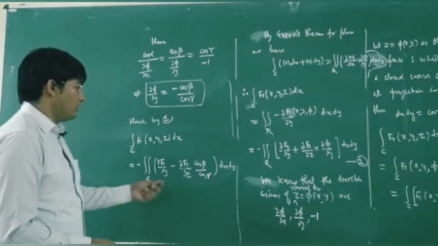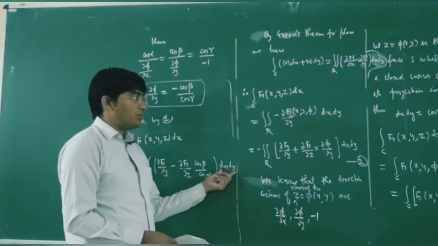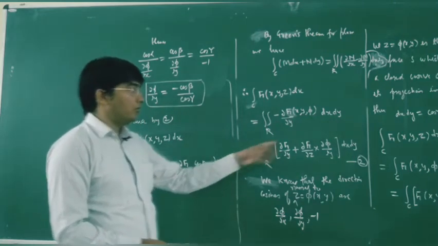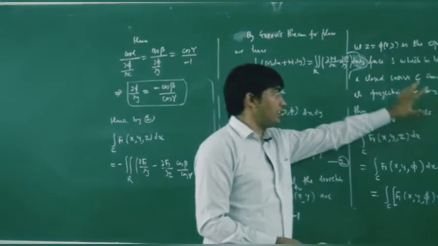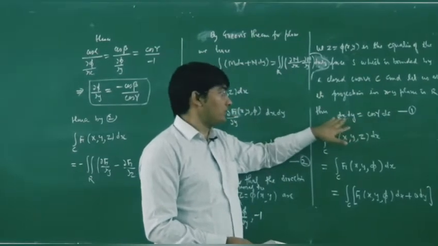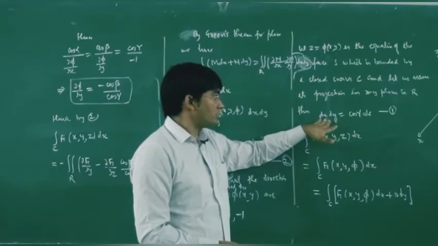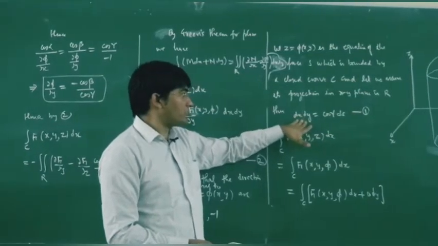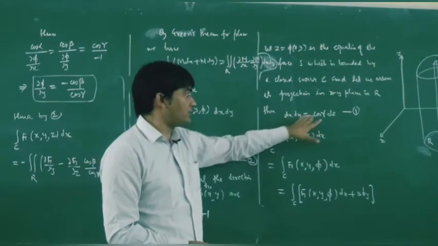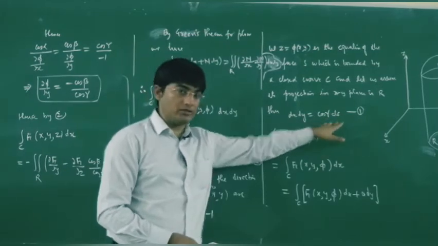Now your projection: we have the projection of ds as dx into dy, which is your region R. With the help of this equation we have the value of dx into dy as cos gamma into ds.